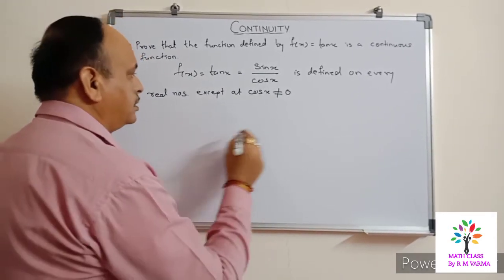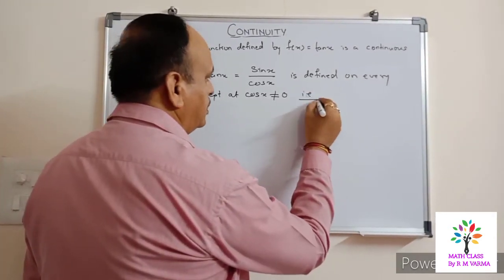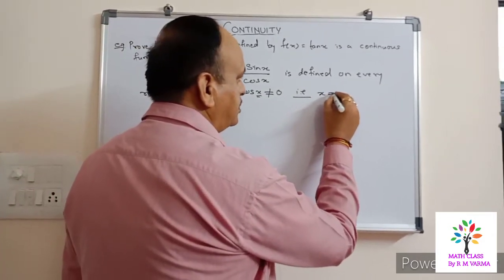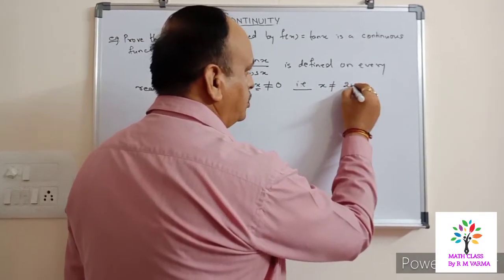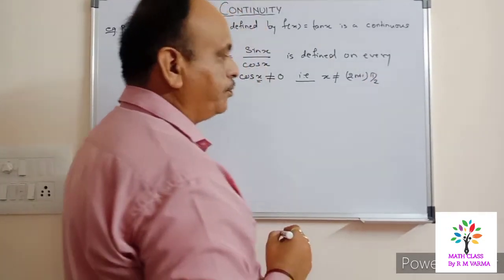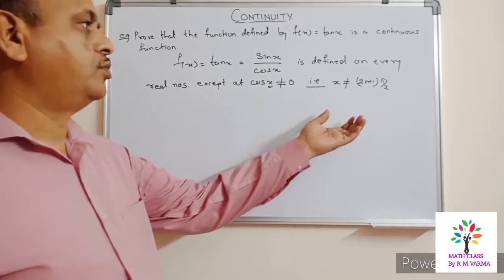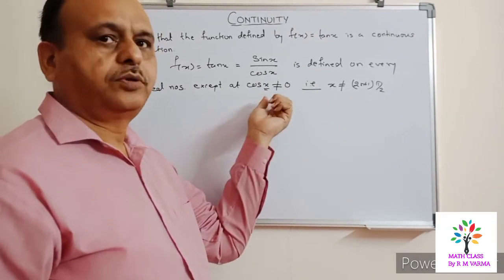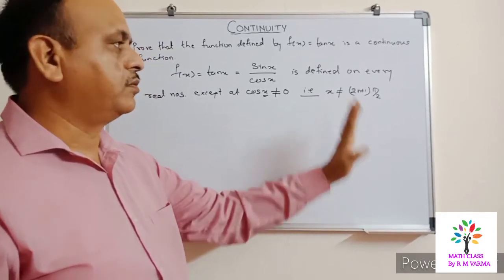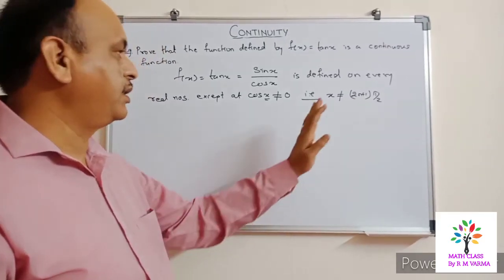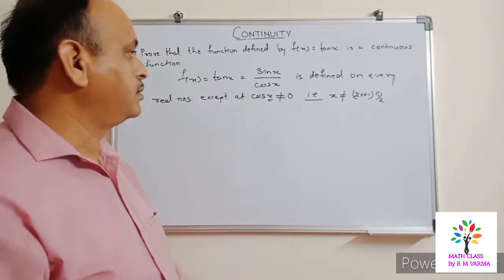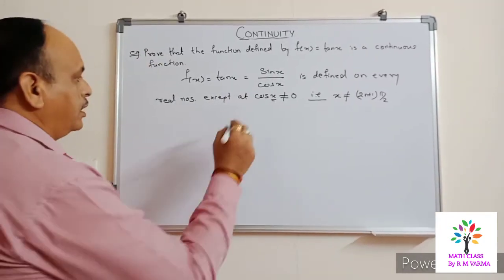This means that x is not equal to (2n plus 1) pi by 2. It means it should not be pi by 2, 3 pi by 2, and likewise. Other than these values, we can take any real number and get the answer.